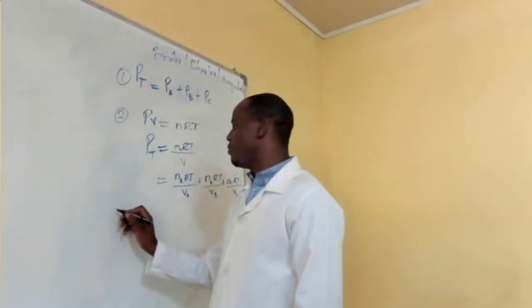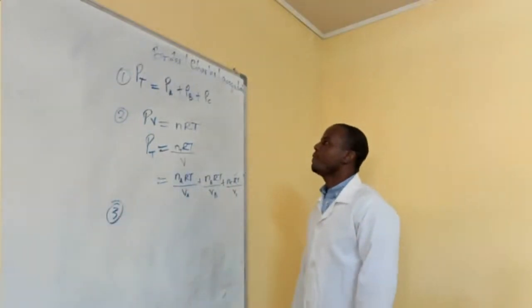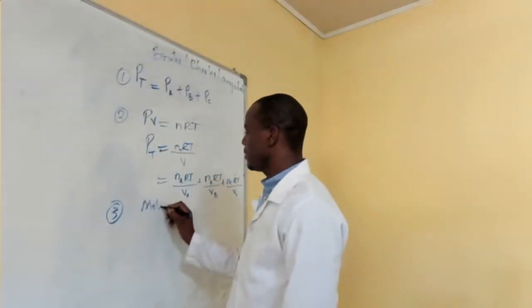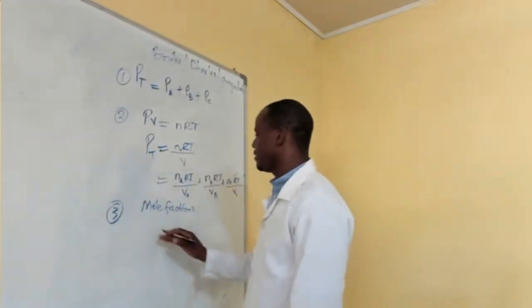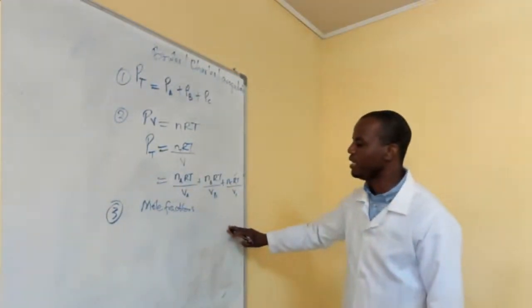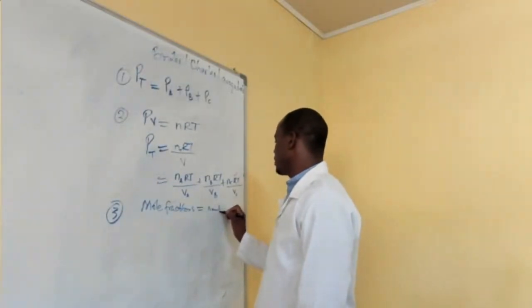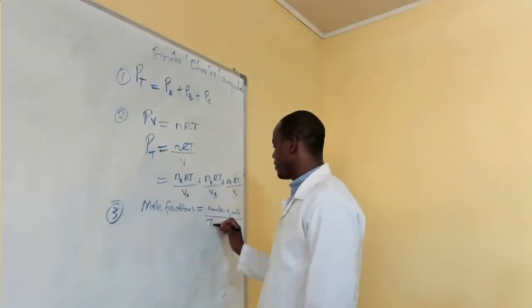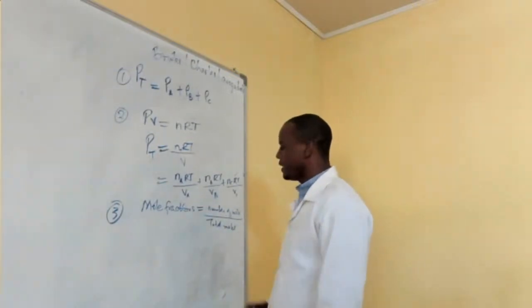The third way you can calculate the partial pressures is to use the mole fractions. Now the mole fraction is basically the number of moles of a gas divided by the total number of moles in the container.